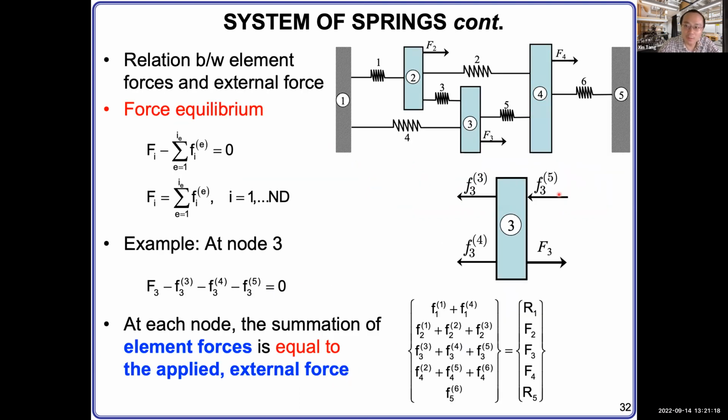After that, we use the force equilibrium condition. We start to use the force equilibrium condition. Now, as I said, on each point, we will have force generated in the spring, right? This force generated in the spring will be balanced by the force applied to the node.